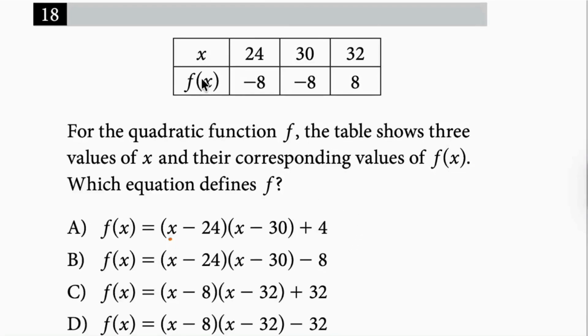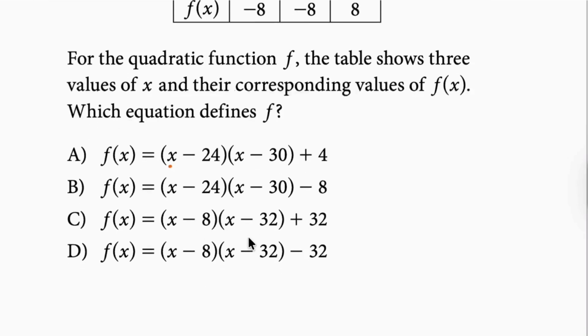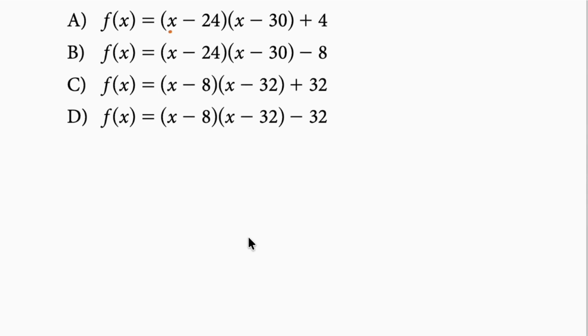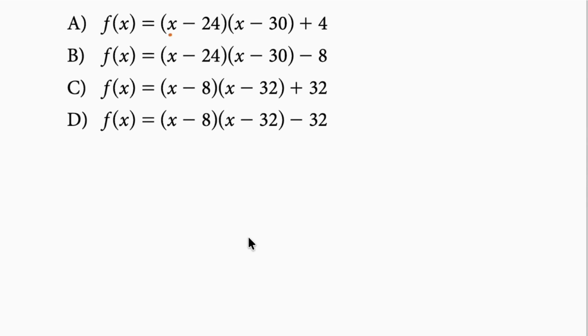Question number 18. For the quadratic function f, the table shows 3 values of x and their corresponding values of f(x). Which equation defines f? If we see the options, these are not the usual quadratic equation scenarios.